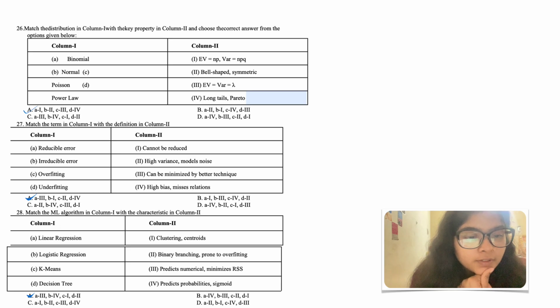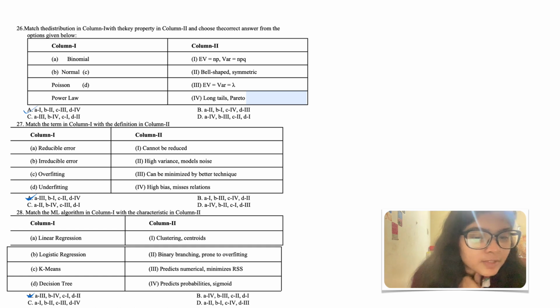For Poisson, we have 3, expected value equal to variance equal to lambda. Power law means it has long tails, right? So option A is correct.